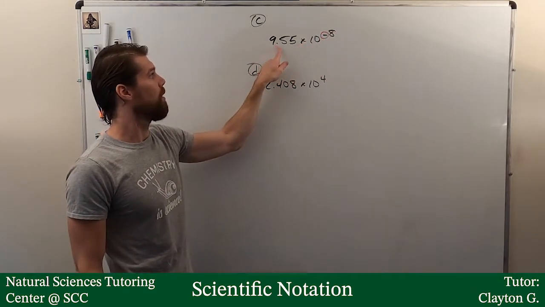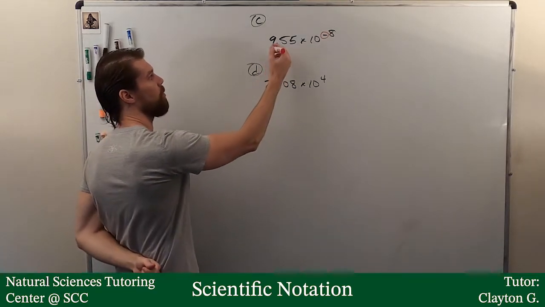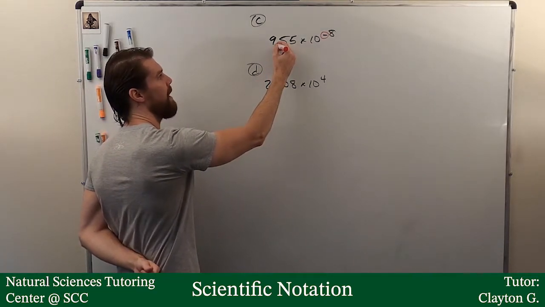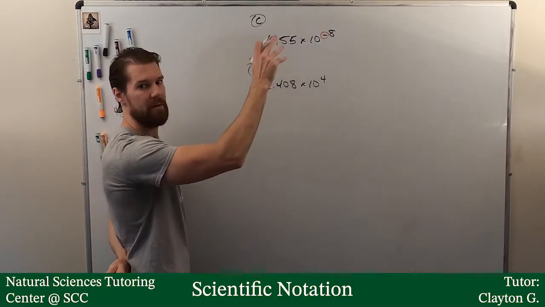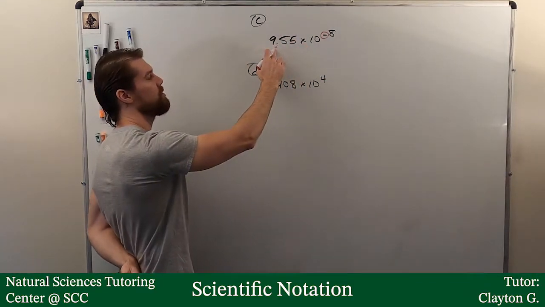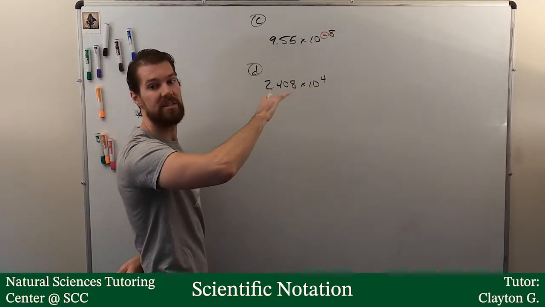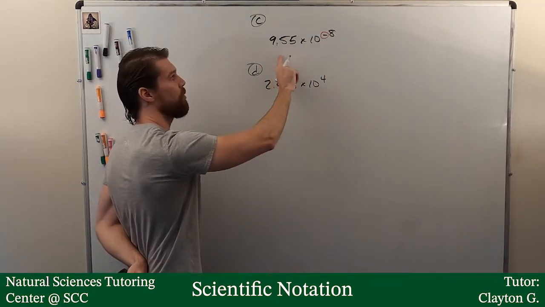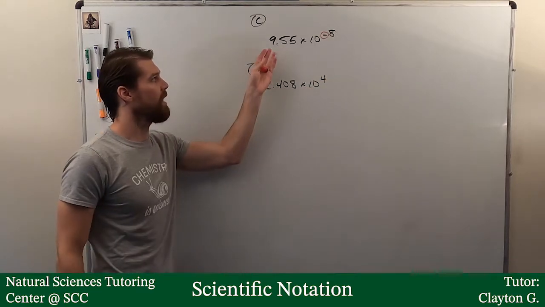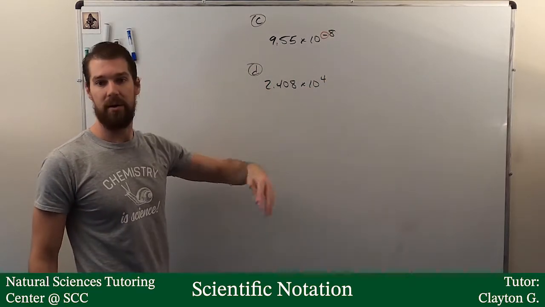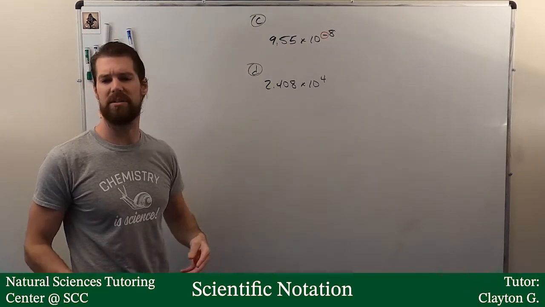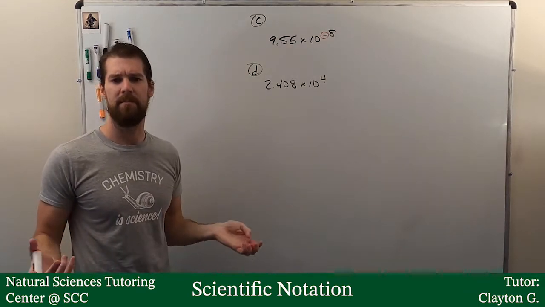Less than 1. Which means I'm going to move my decimal in the direction that makes this number very small. If I move it to the left, I'm going to have 0.0000 something. If I move it to the right, I'm going to have 9 billion or 955 million or something like that, or whatever it is.